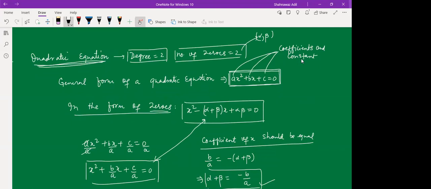The second exercise of this polynomial chapter is all about the relationship between the coefficients and the zeros. We'll do many questions based on that, and then we'll understand these properties.